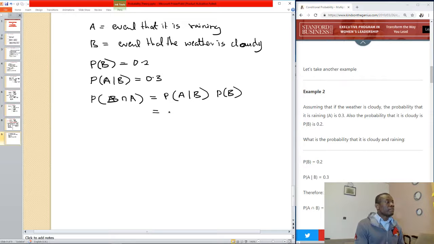So that is going to give us 0.3 times 0.2, and that is going to give us 0.06. So this is how to apply the multiplication law to solve simple probability problems.